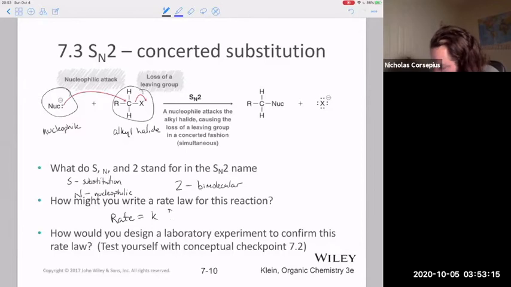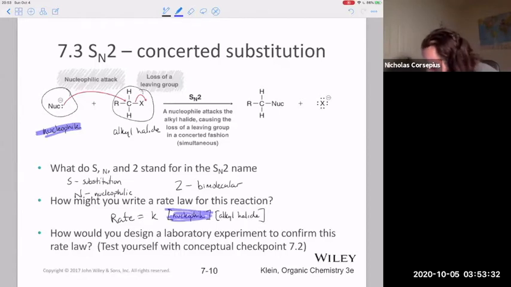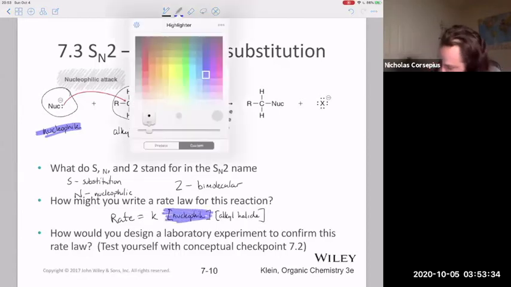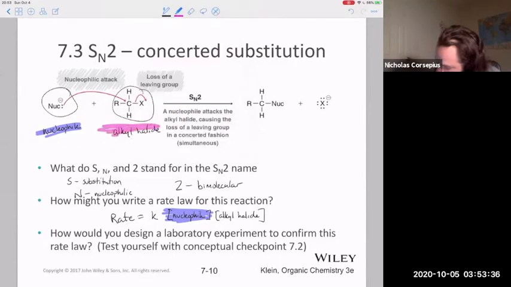You have some constant times the concentration of nucleophile times the concentration of alkyl halide. That's really what that 2 comes from, is both of these species, both the nucleophile and the alkyl halide, are important for determining the rate of this reaction.